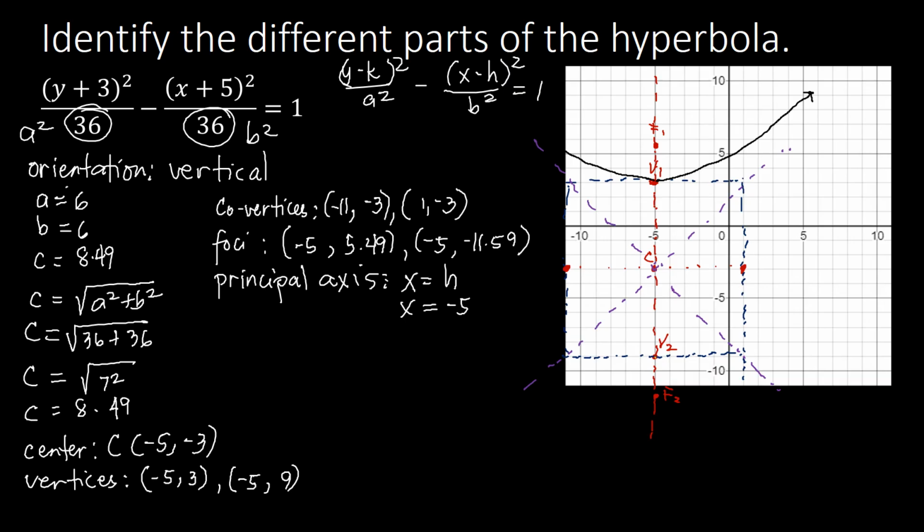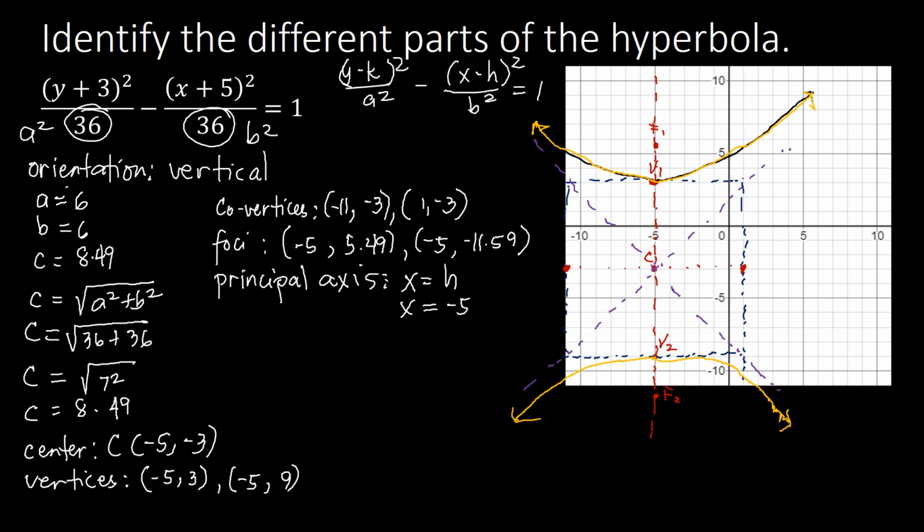From the vertex, we are going to draw the graph here approaching that line of asymptote. Okay, so there. Let me trace the other part. Okay, so there. That will serve as our graph for this hyperbola.